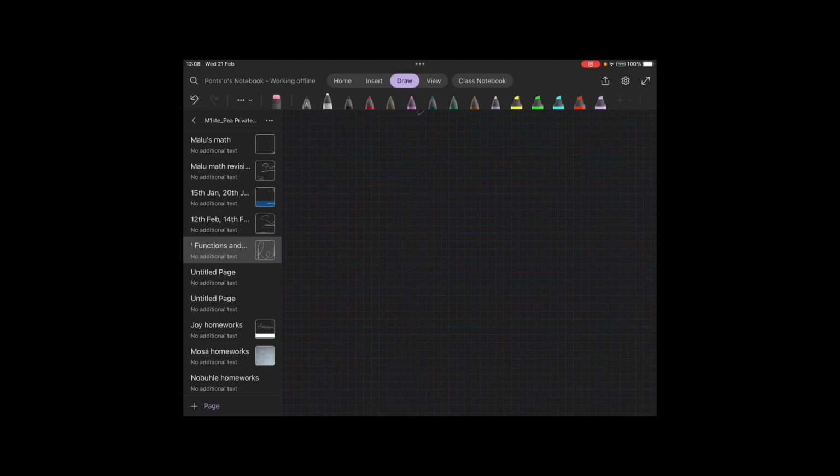Okay, so if an inverse is not a function, then it cannot be written in function notation. For example, let me do this big solid exclamation mark.